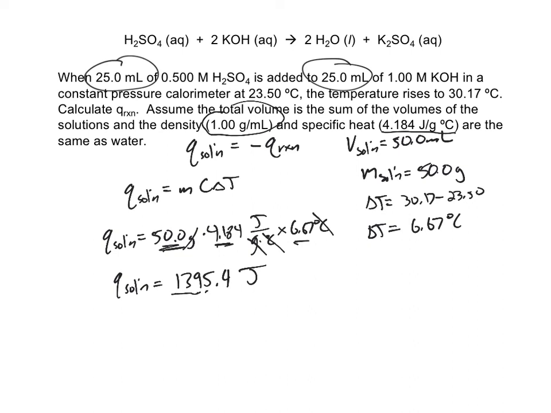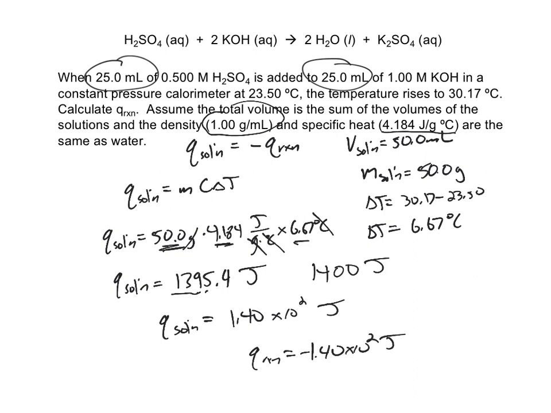The 5 is going to round the 39 up to a 40, and so I can't just write that because that would only be 2 significant figures. So I need to write it in scientific notation. So the Q of the solution is that many joules, and the Q for the reaction is going to have the opposite sign. So the Q reaction is minus 1.40 times 10 to the 2 joules.